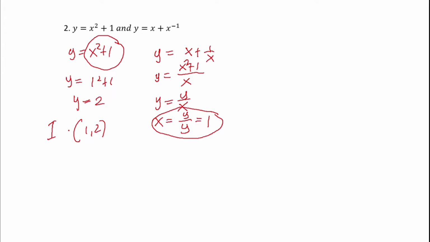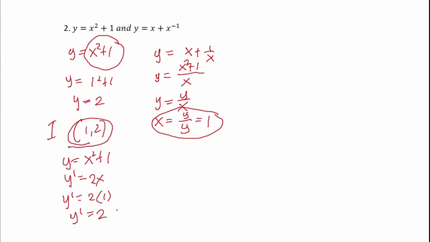Next we need to find the derivative. So the derivative of the first, y is equal to x squared plus 1, so y prime is equal to 2x. At the point (1, 2), the point of tangency, we have y prime is equal to 2 times 1, so y prime is equal to 2.